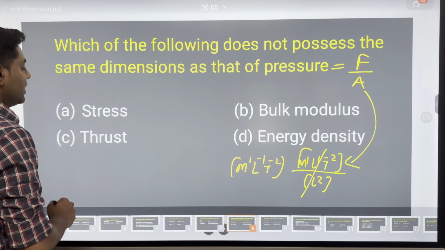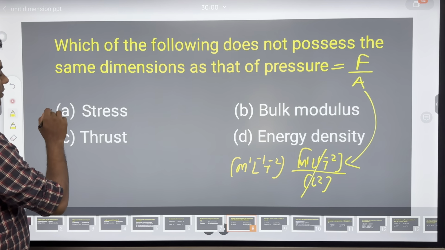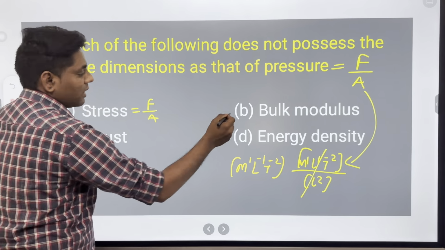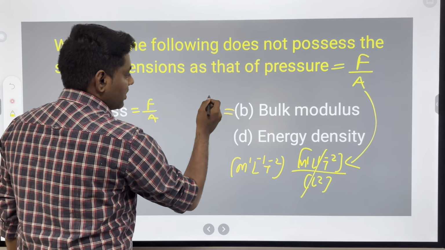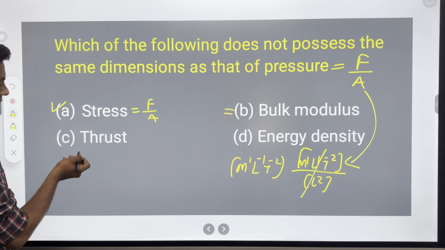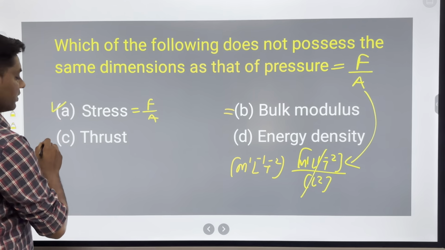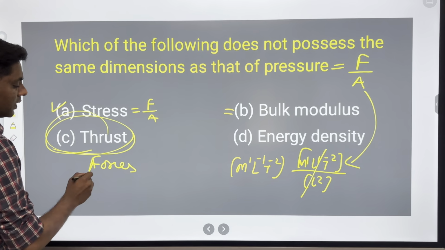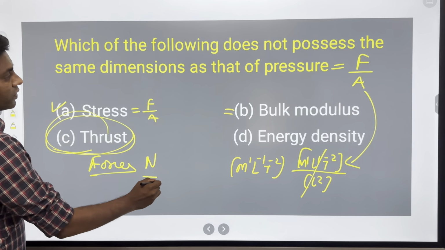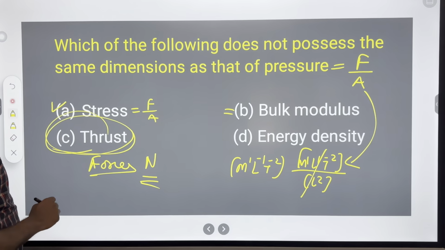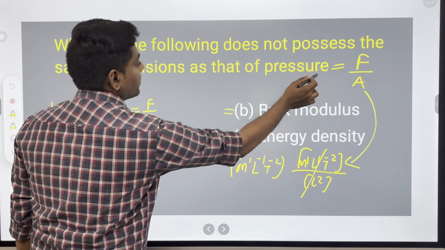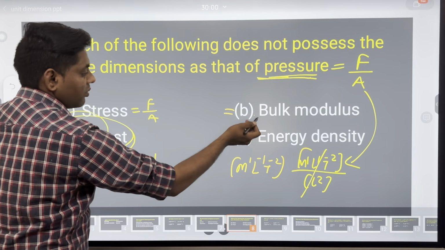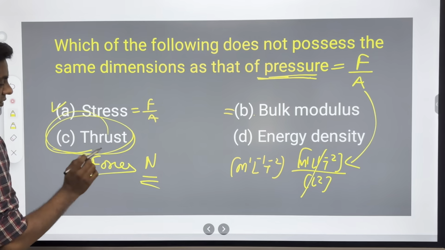Pressure is also stress, that is force per unit area. Bulk modulus is also the same as stress, then thrust and then energy density. Thrust means force, having SI unit Newton. So we can conclude that pressure has the same dimension as stress, bulk modulus and energy density, and not the same as thrust.